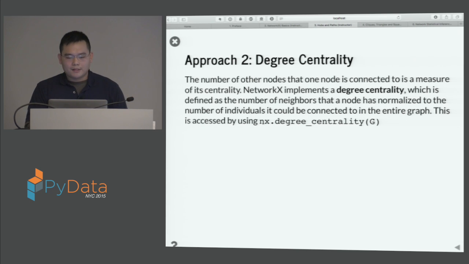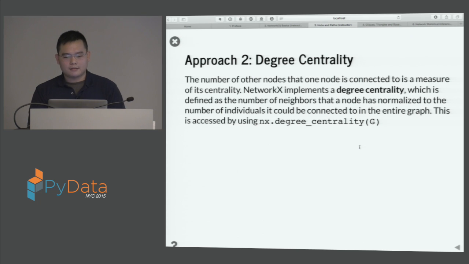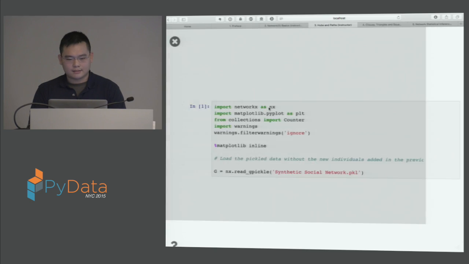All right, so what we can do is get the distribution of degree centralities by using this function called nx.degree_centrality(G). Looks like it's stalled on me. Okay, let's try this again.